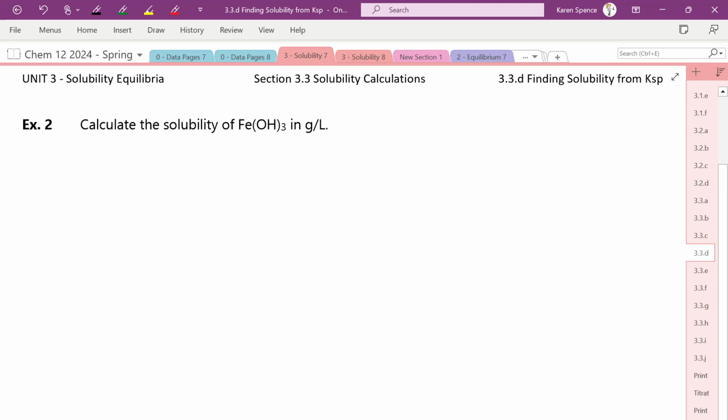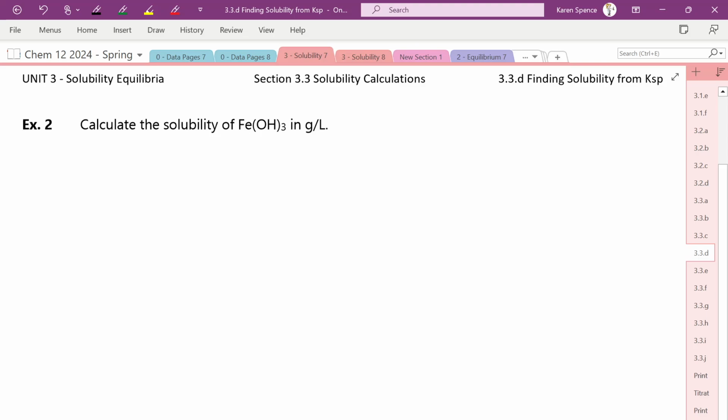So when you're putting in the x's, they're all concentration in moles per liter.